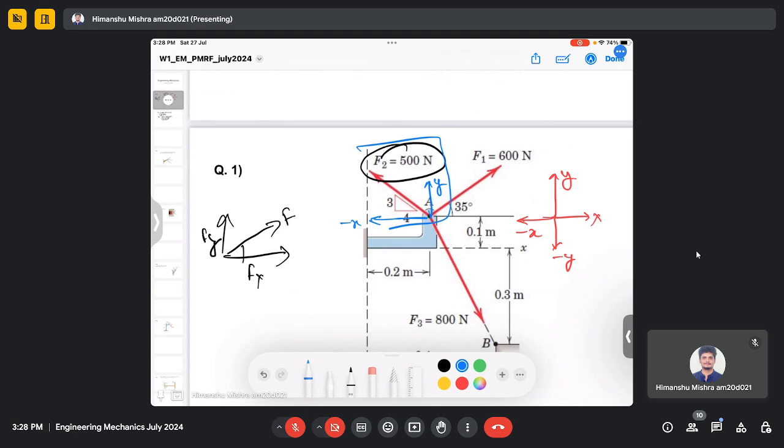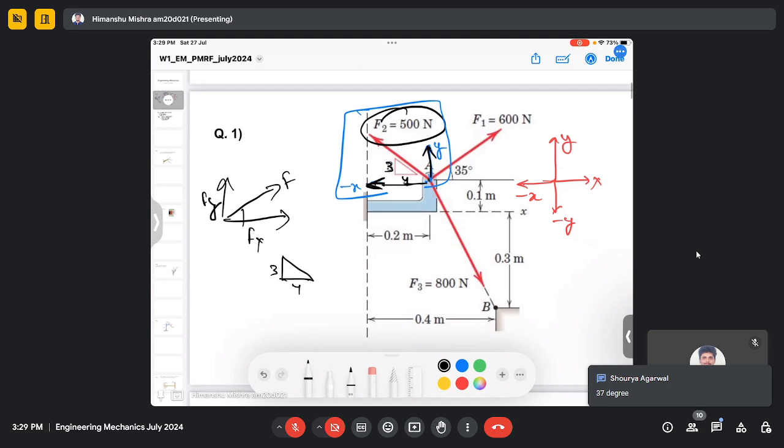Now I have to calculate the contribution of F2 along x and along y. But instead of an angle, here we are given the ratio of the triangle. You can see we are given 4 here and 3 here, so we have a triangle and the ratio of its sides.